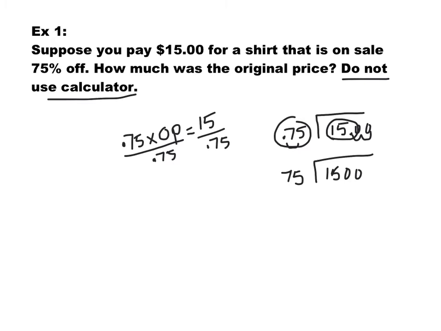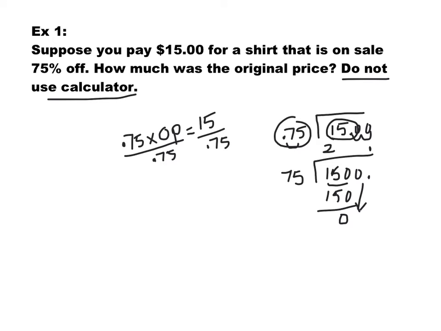So 1500 divided by 75. The decimal is going to be here, and I put the decimal right on top. Now I'm going to divide 150 by 75, the first three digits here. 150 divided by 75 is 2. 2 times 75 is 150. 150 minus 150 is 0.